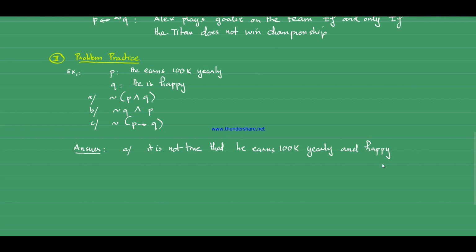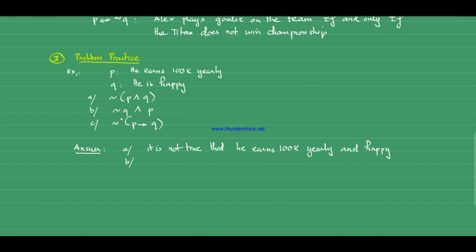You can put it like that, or he earned 100,000 K yearly and is happy. I'm talking about the English part. I guess we have to put he is happy, but I just made it short. Anyway, it should be okay. That is just English grammar. It's nothing to do with math.